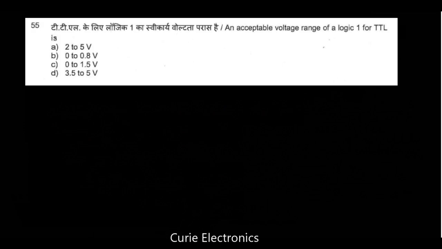An acceptable voltage range of logic 1 for TTL: for logic 1, the voltage has to be above 2 volt. We have two options, 2 volt to 5 volt and 3.5 volt to 5 volt.